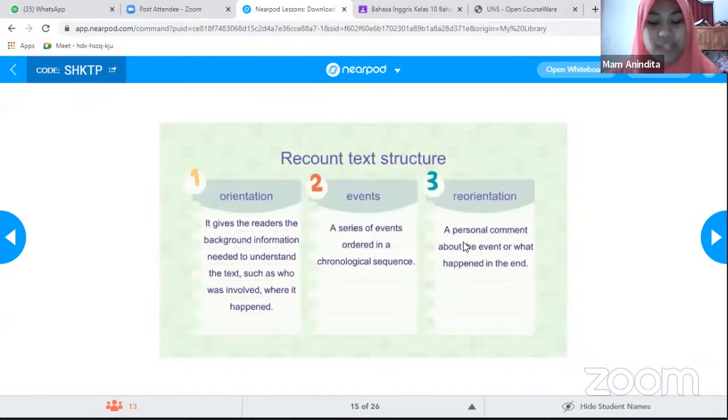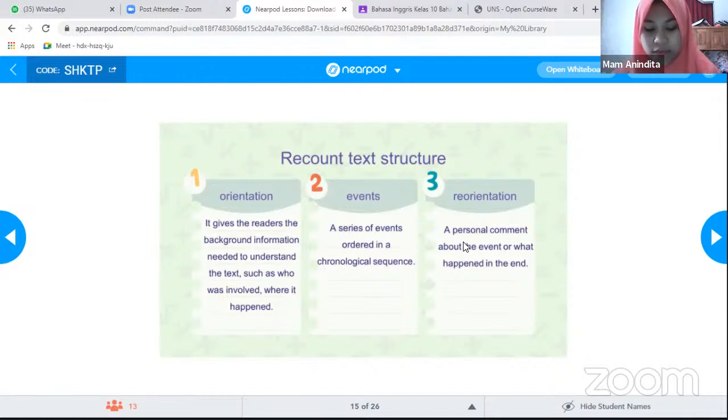Okay, move on to the structure of recount text. Recount text has three structures. The first is orientation, then event and reorientation. Let's discuss what orientation is. Orientation gives the reader the background information needed to understand the text, such as who was involved and where it happened.